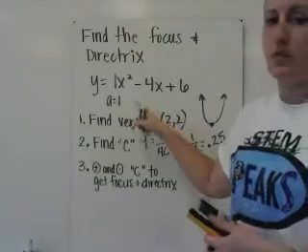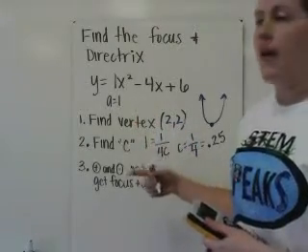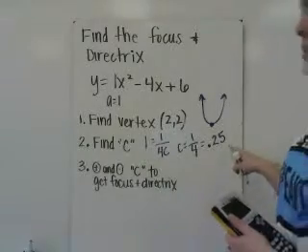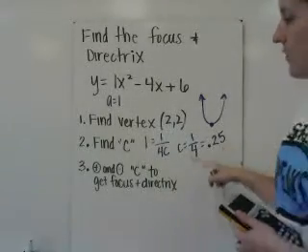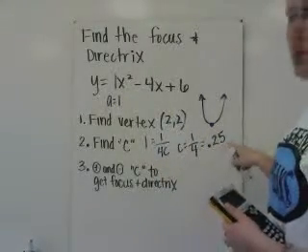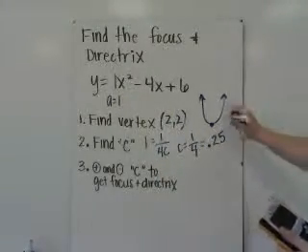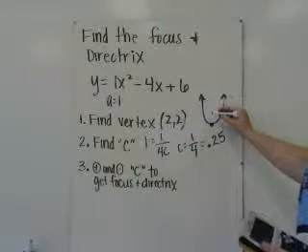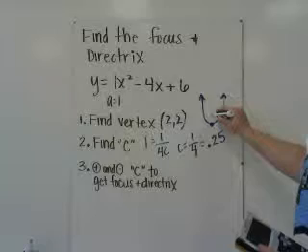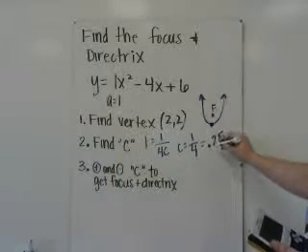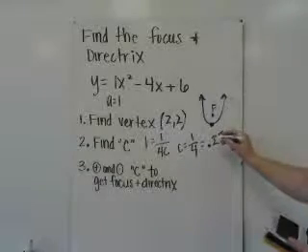In pre-calculus, you're going to be doing the same exact unit, except your A value will be different. So your C value will be different when you get to pre-calc. But for us, if you can just remember, since A is 1, C is always 0.25 away. All right, so pretty much from my vertex, this means I need to go up 0.25 units to get my focus, because your focus is always on the inside, and I need to go down 0.25 units to get my directrix.